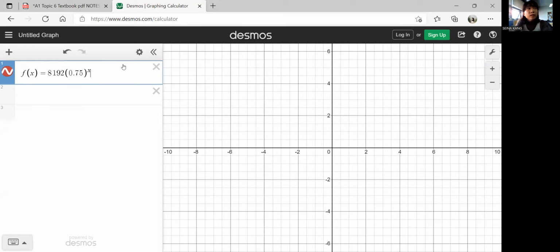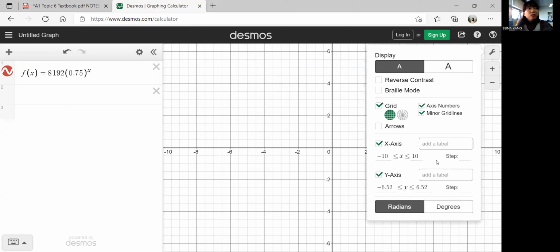And how do we see this? You can zoom fit, or you can change your axis. Your y-axis seems to be very big, right? So you can do 10,000.